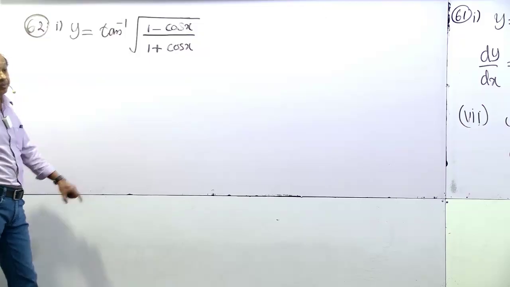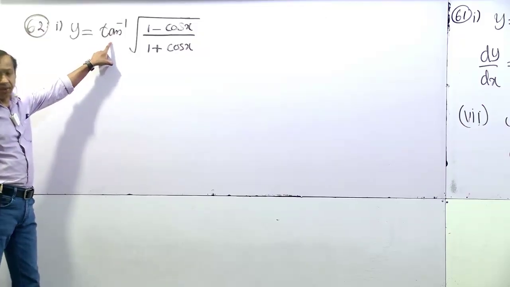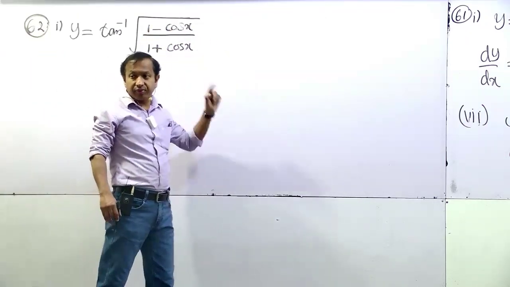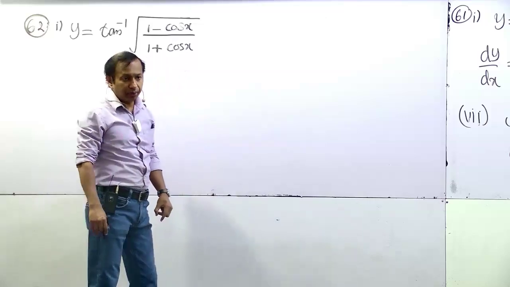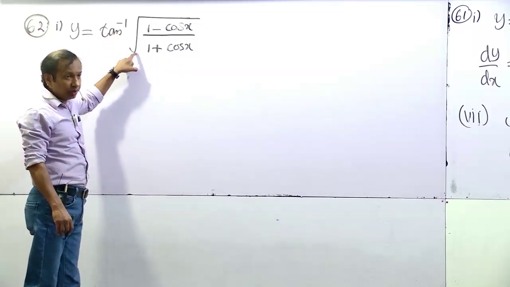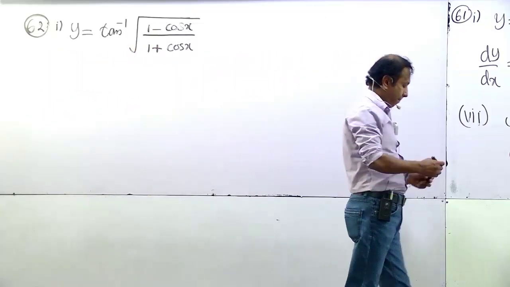Tell me the order. First tan inverse, then root, then this fraction. Understand? Right. First tan inverse, then the root, then this fraction. Keep doing this now. Hurry up.